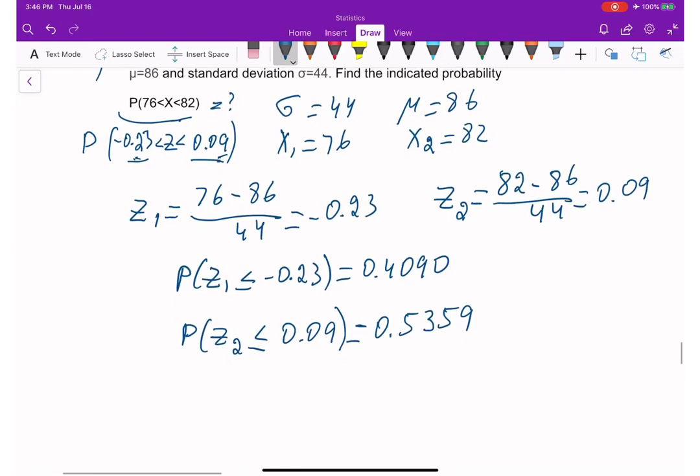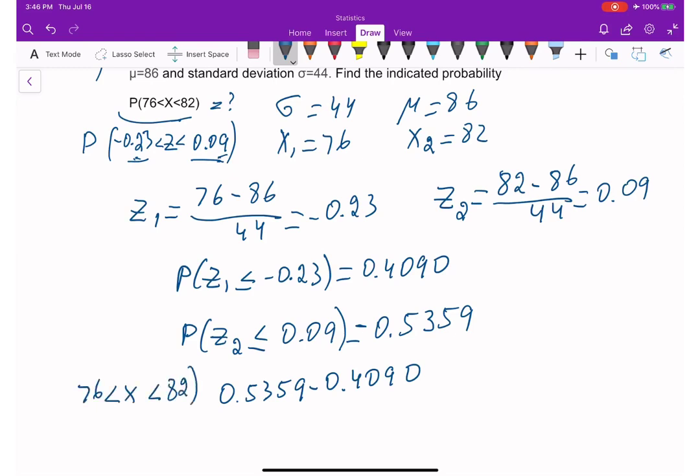So that's 0.5359 minus 0.4090, and that is our probability for x greater than 76 and less than 82. It equals 0.1269.